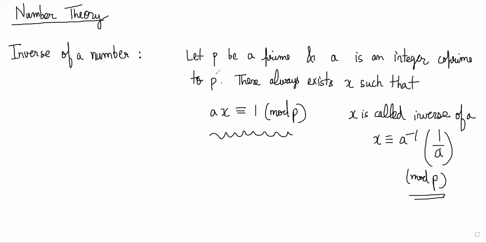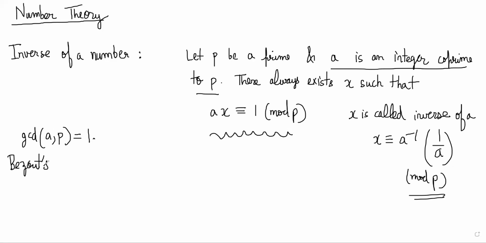Here a is an integer co-prime to p, so GCD of a and p is equal to 1. By Bezout's identity, there are integers x and y such that ax plus py is equal to 1.